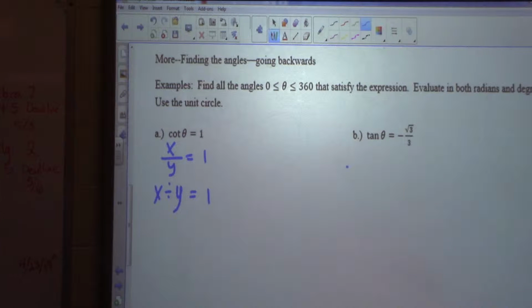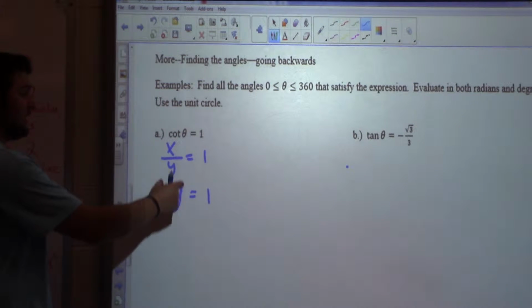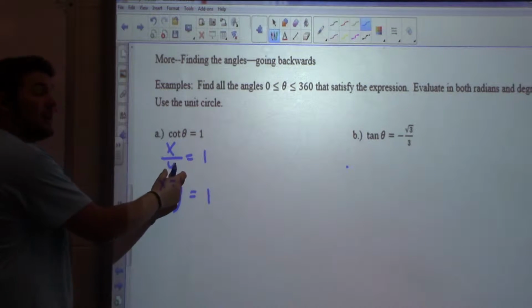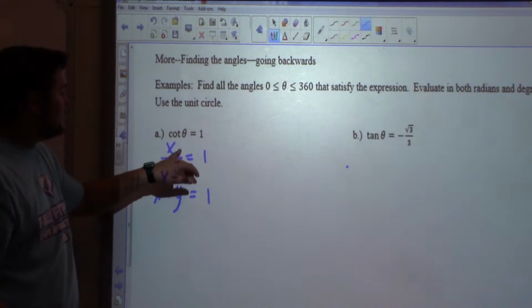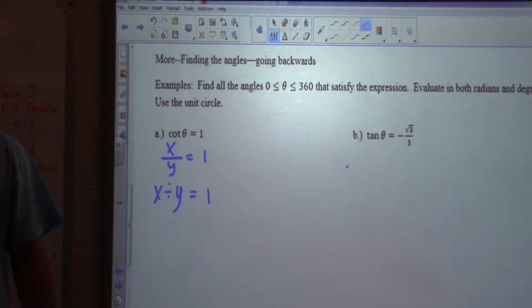Right? Well, what kind of numbers, when I do division, equal 1? Number divided by itself, right? So like 3 divided by 3, 4 divided by 4. So what we need to figure out is where x and y are exactly the same thing. That is where we'll get cotangent theta equals 1.